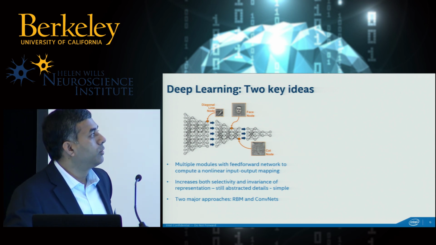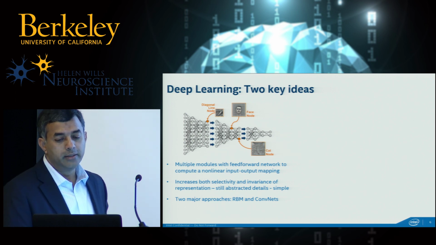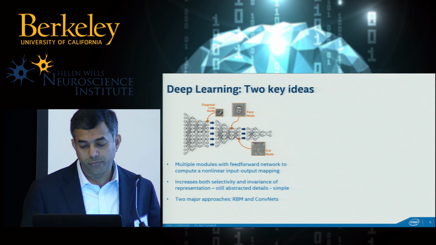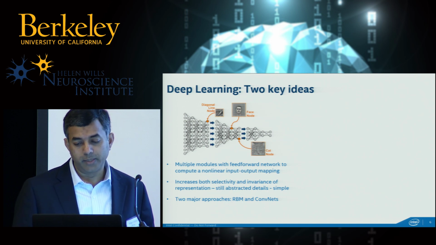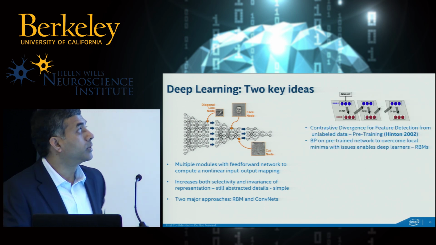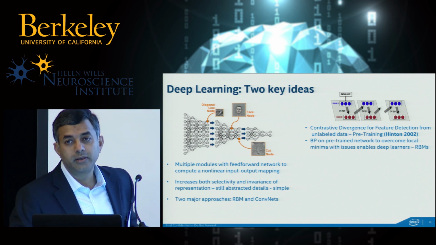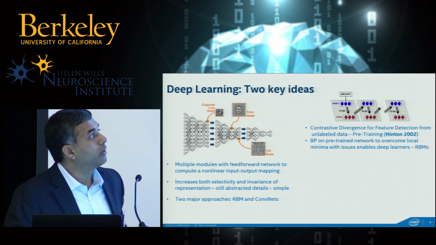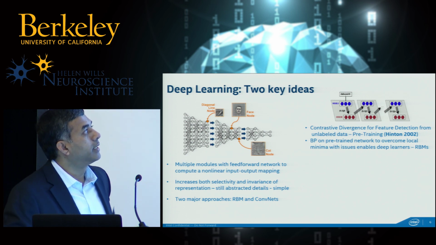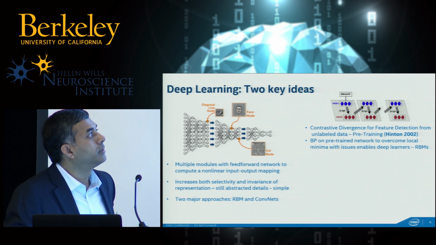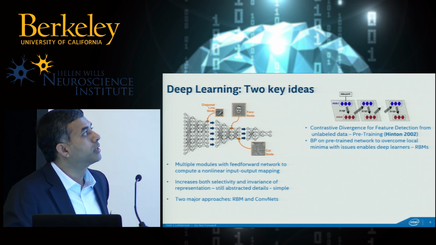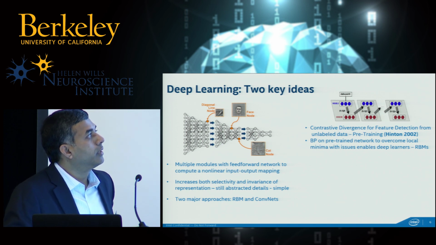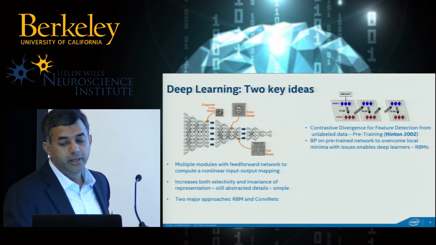Assuming it can abstract away all those details, there were two major approaches that actually drove this field forward from the shallow learners to deep learners. One of these ideas was contrastive divergence for feature detection from unlabeled data. The cartoon on the top right shows that you have some data that comes in through some neurons called visible inputs, and that gets projected onto a hidden layer.